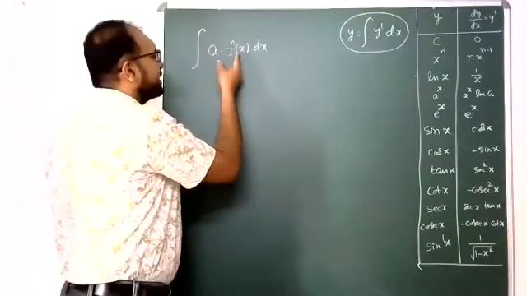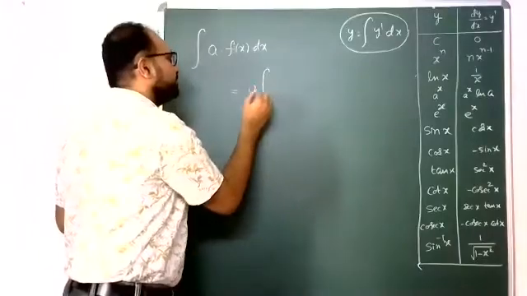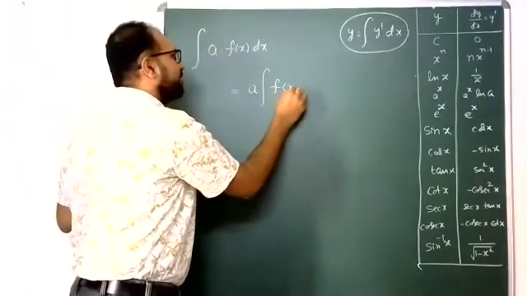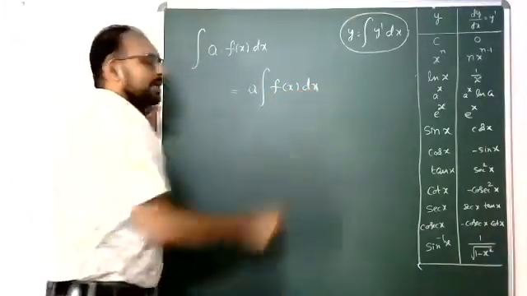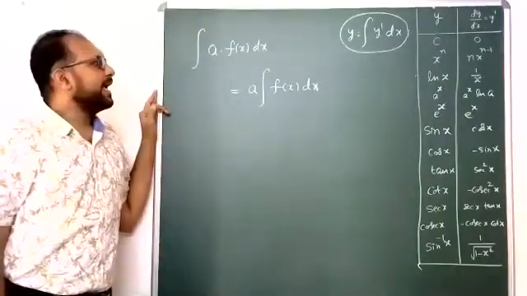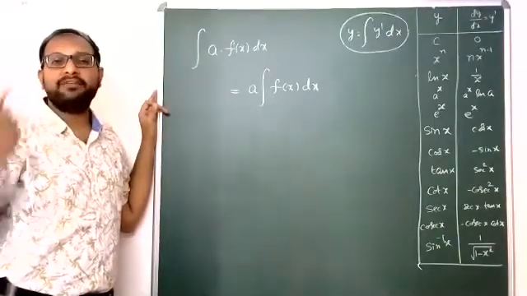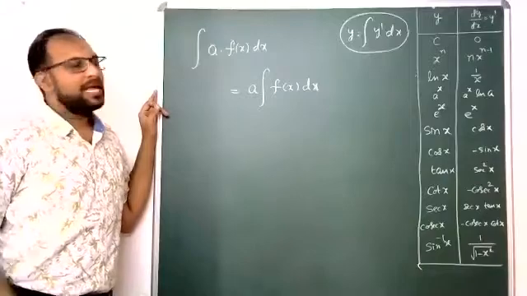The integral of a constant into f of x dx is a into the integral of f of x dx. Just like in our differentiation rule, the derivative of a into f of x is nothing but a into the derivative of f of x. Same like that.